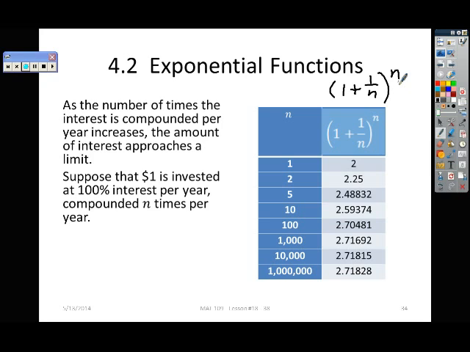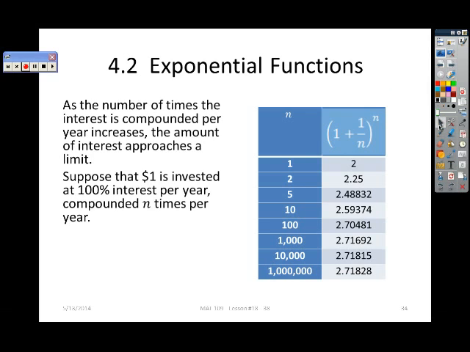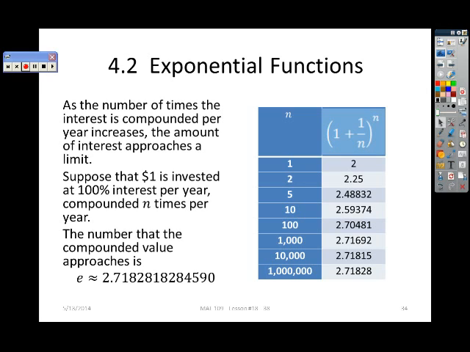This number was encountered in several different places in science, engineering, finance, and various other applications, so commonly encountered that they actually gave it a name, and they call that number base E. And all your calculators have base E on them.